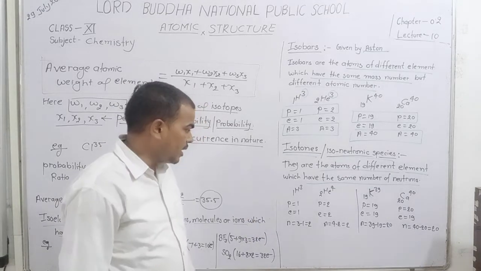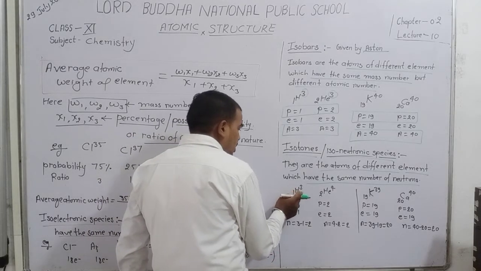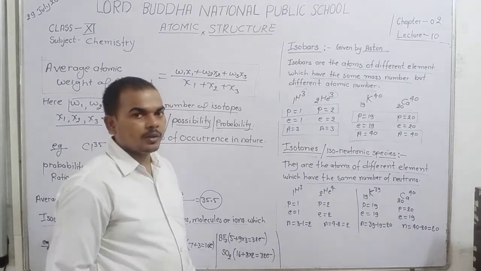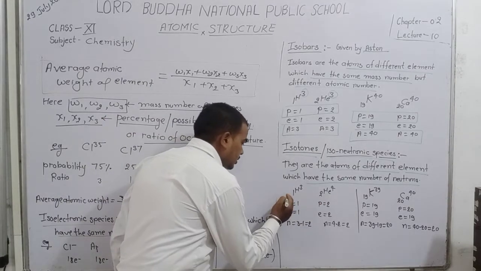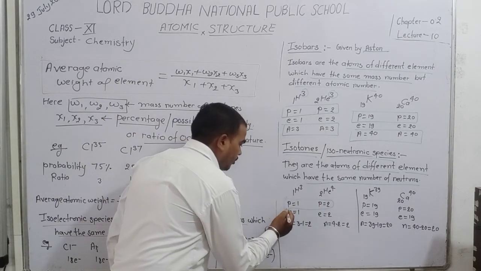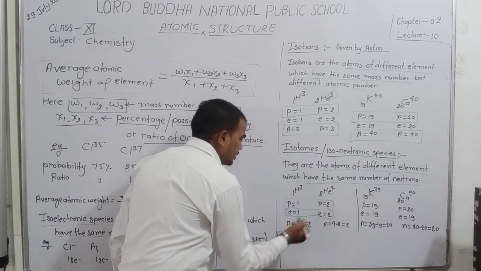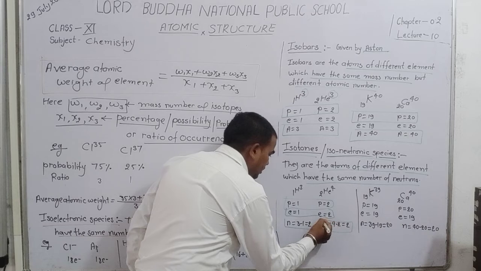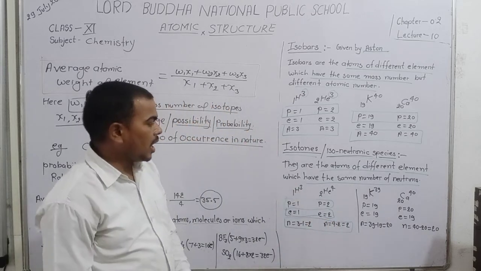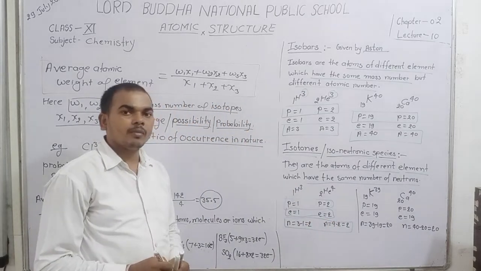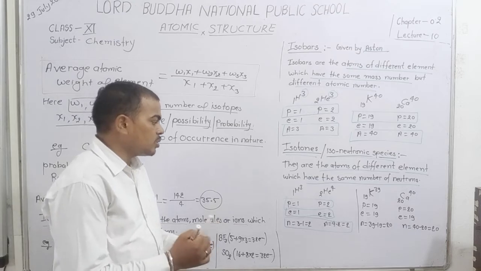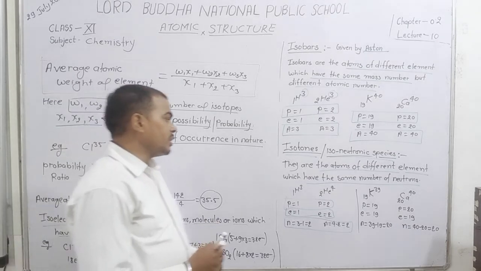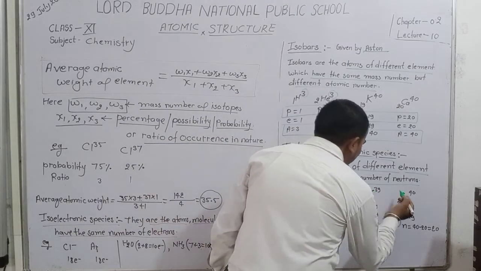Okay, students. Like here, hydrogen and helium both have different atomic numbers, different proton numbers, different electron numbers, but the number of neutrons is similar. So we say that hydrogen and helium are isotones of each other. Okay, now let's discuss potassium and calcium.